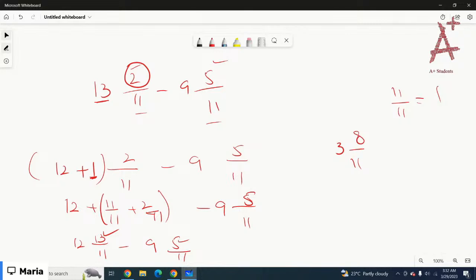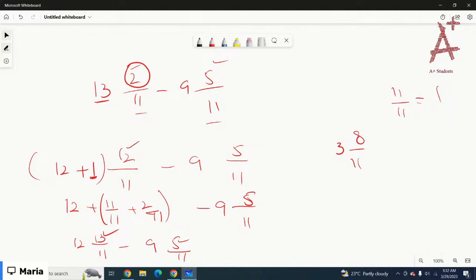Got it? Basically, we are subtracting the whole numbers separately and the fractions separately. But for this one, you can't subtract 2 out of 5 because 2 is smaller than 5.